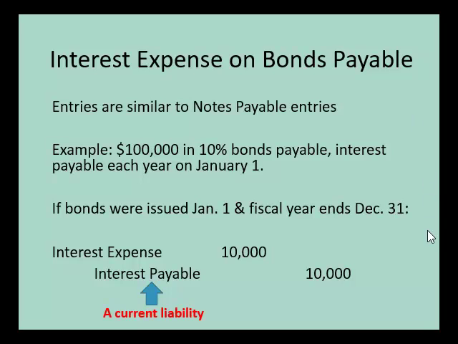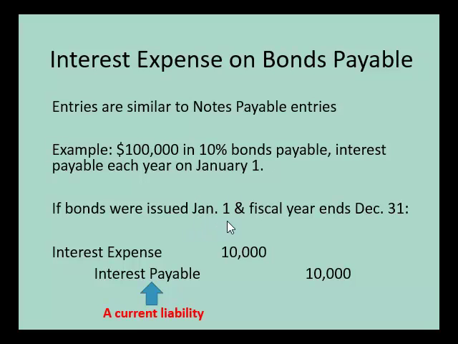Now, just like with a regular notes payable, companies need to recognize interest expense on bonds payable. So these entries I'm about to show you are very similar to the entries for notes payable. So if a company, again, issues $100,000 total in 10% bonds, and let's say the interest is going to be paid once a year, each year on January 1st.